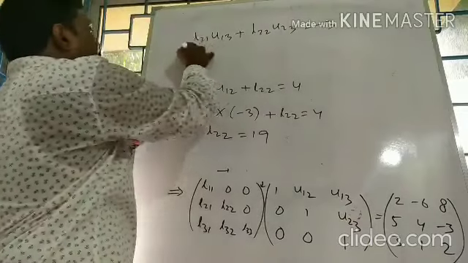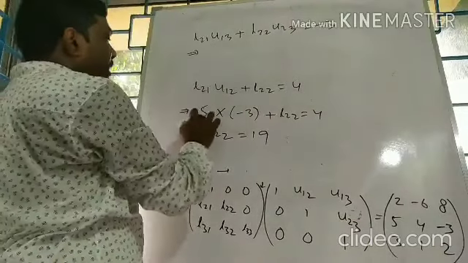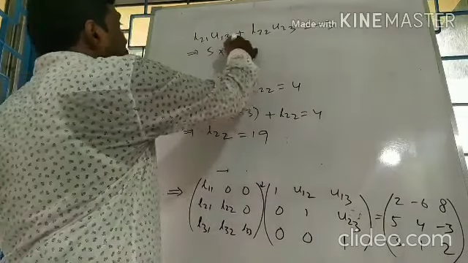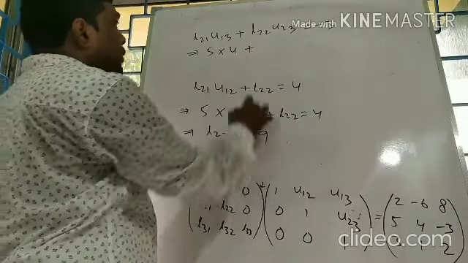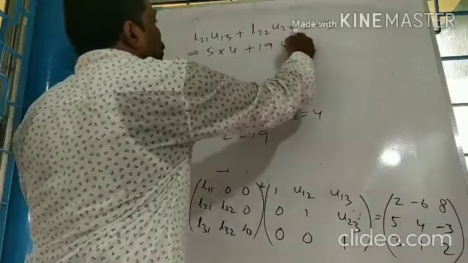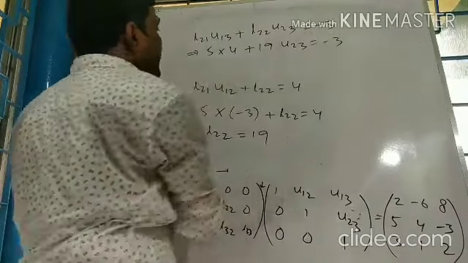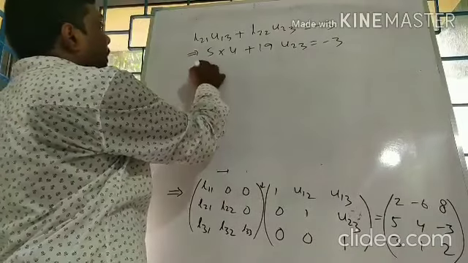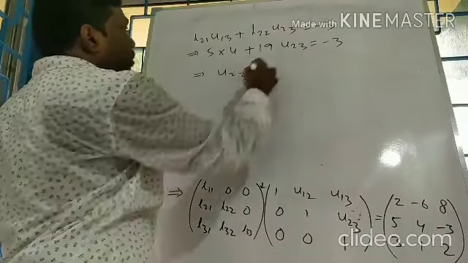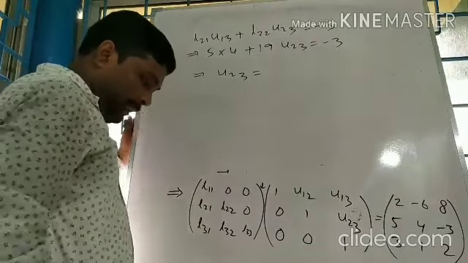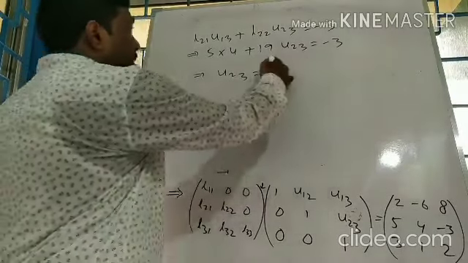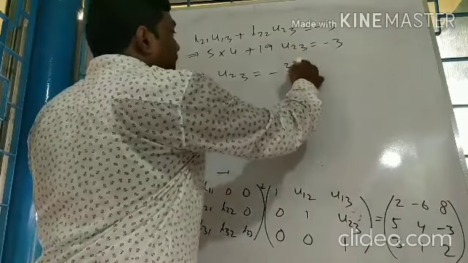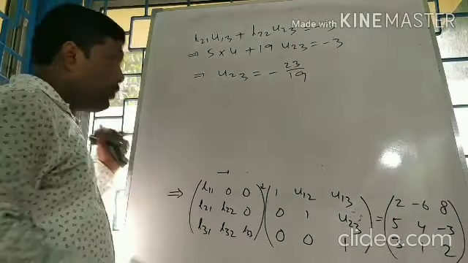L21 is 5, U13 is 4, L22 is 19 into U23 equals minus 3. So calculating U23, U23 equals minus 23 by 19.